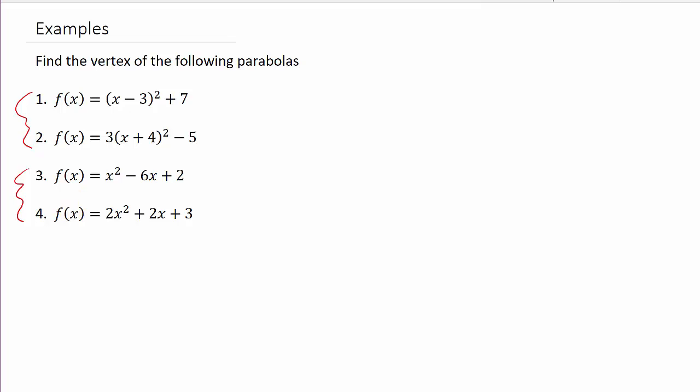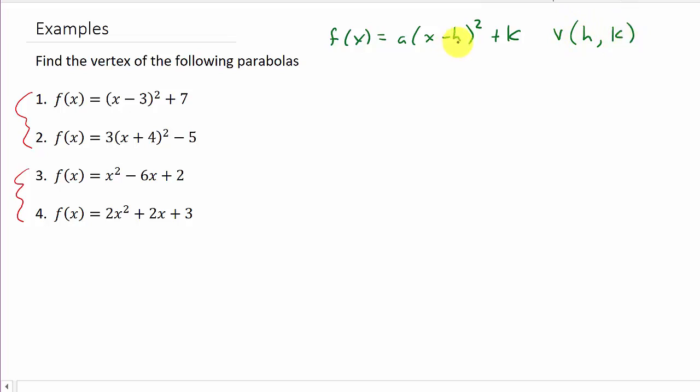So what we've got here is, if your parabola is in the form f of x equals a times (x minus h) squared plus k, your vertex is just (h, k).